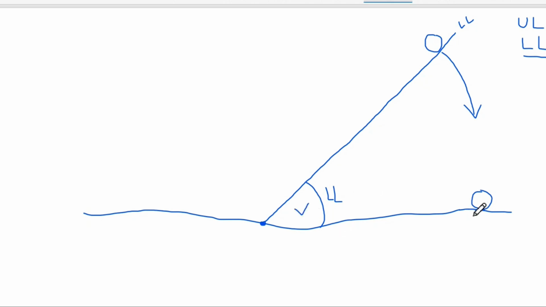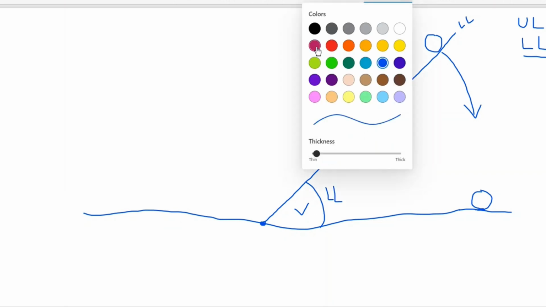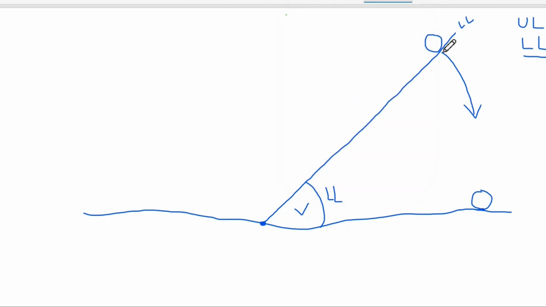Now let's say the horizon on this side is not visible to us and we want to obtain this altitude only, the lower limb altitude. So what we do now, let me change the color. We take the sun on the opposite side of the horizon. Now we want the altitude of this particular limb. When you take the sun on the opposite side of the horizon and the sun comes here using your sextant, you bring it here.